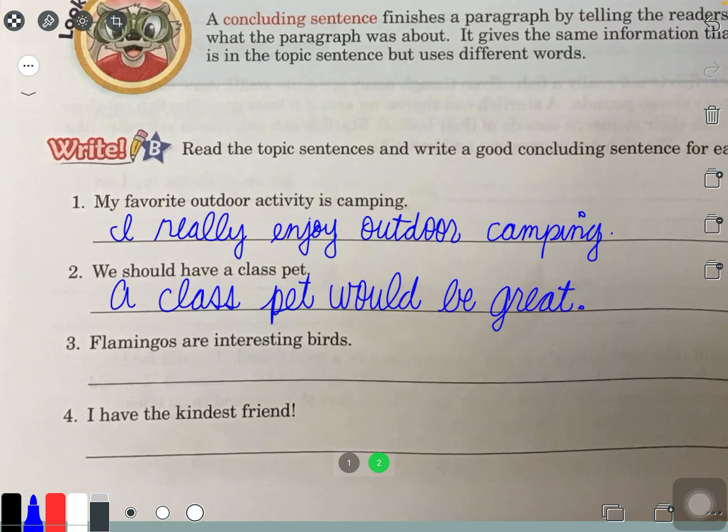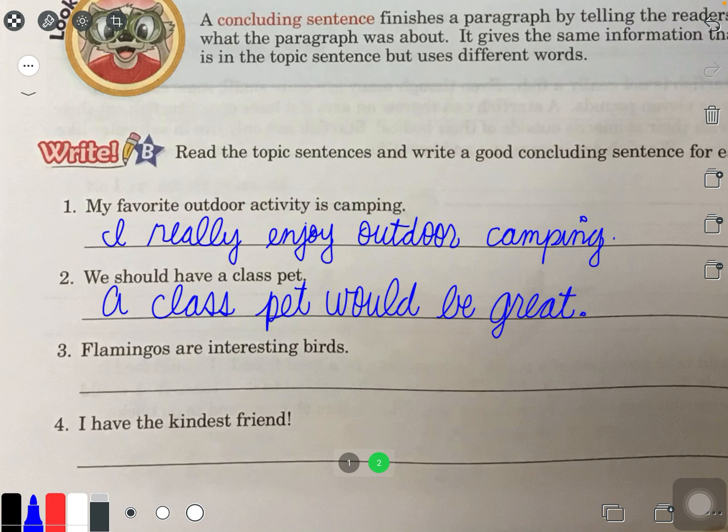Flamingos are interesting birds. So that's your first sentence of the paragraph. Then the next 5 sentences would talk about why they're interesting birds, right? And then after that, the 7th sentence would just be the concluding sentence. Like, let's see. Flamingos are interesting birds. Then your concluding sentence has to be very similar to this.